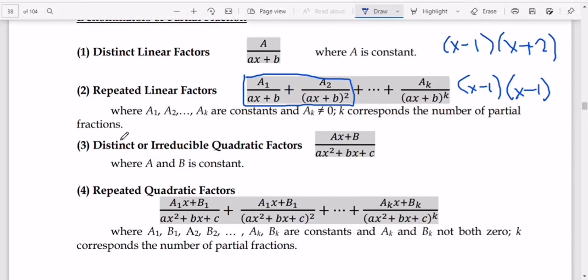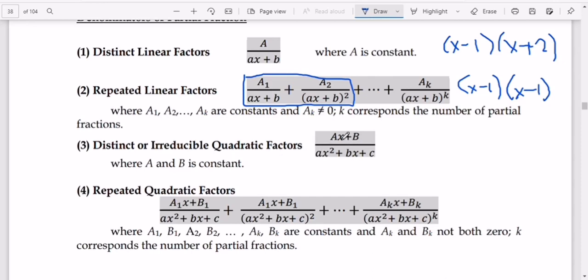The third one is the distinct irreducible quadratic factor. Based on the description here, the quadratic factor came from the quadratic functions.